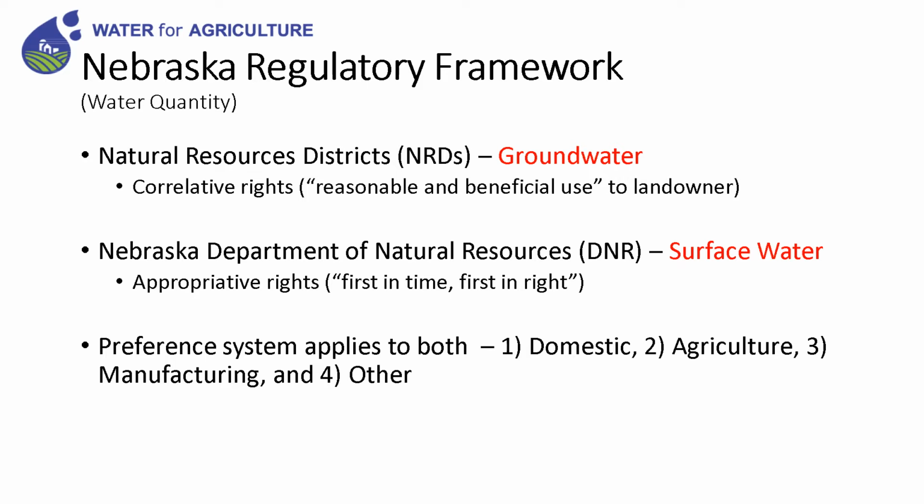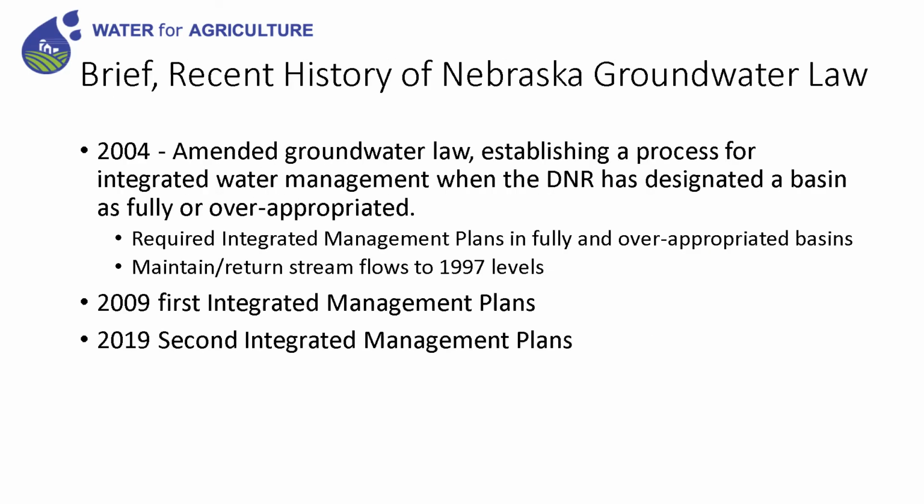Nebraska follows correlative rights for groundwater, meaning reasonable and beneficial use to the landowner. And surface water is regulated by the Nebraska Department of Natural Resources following the appropriative rights system, and this is first in time, first in right. Both systems have a preference system in which domestic is the top preference, followed by agriculture, manufacturing, and other.